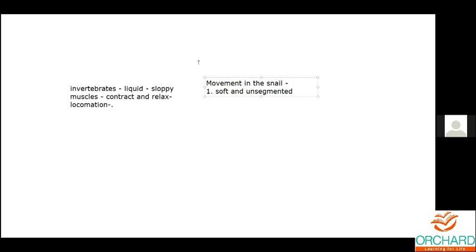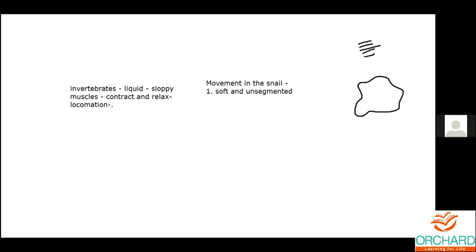Yes, earthworms are segmented. Okay, in simple words, segmented and unsegmented is like having a pair of lines, or a pair of things in the body, so that's called segmented or unsegmented. Unsegmented is not properly arranged. When you talk about the amoeba, it is unsegmented.